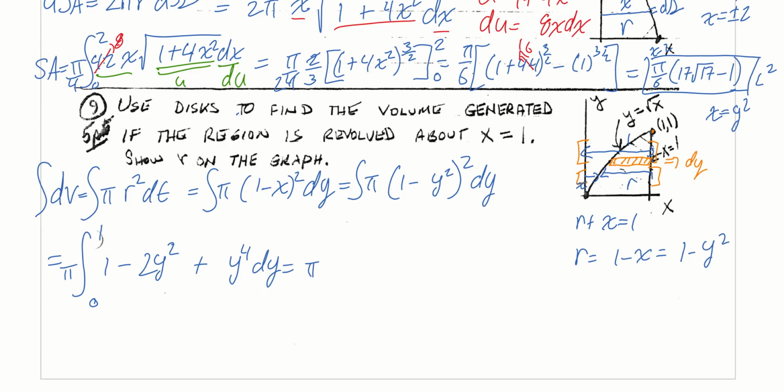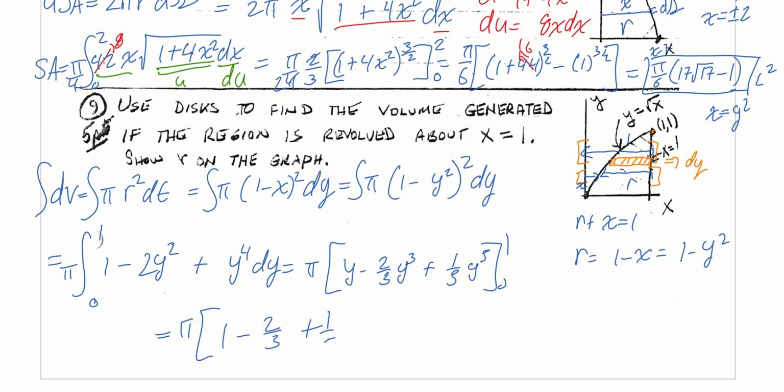So it'd be pi times y minus 2/3 y cubed plus 1/5 y to the 5th from 0 to 1. This will equal pi times 1 minus 2/3 plus 1/5. Get a common denominator for all of that.